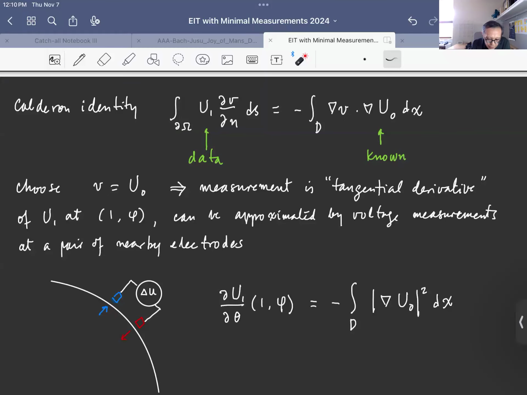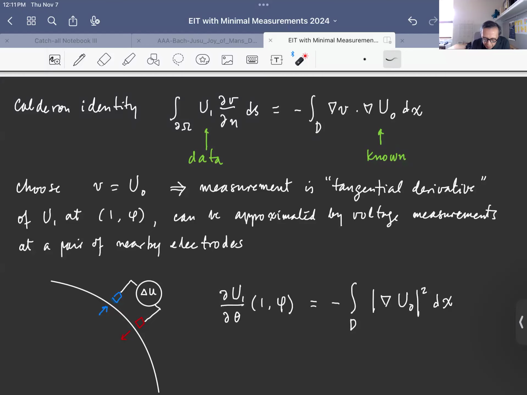If we choose V to be also equal to U0, which is the background field, then the measurement, roughly speaking, is the tangential derivative of U1 at this location, at radius 1 and angle phi. And again, it can be approximated by measuring the voltage at a pair of nearby electrodes.